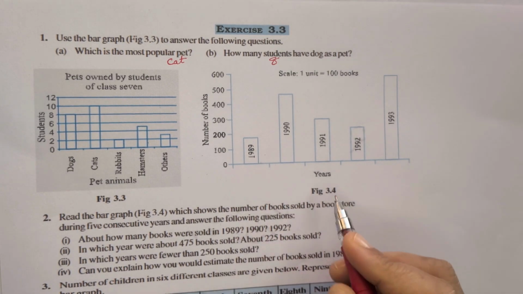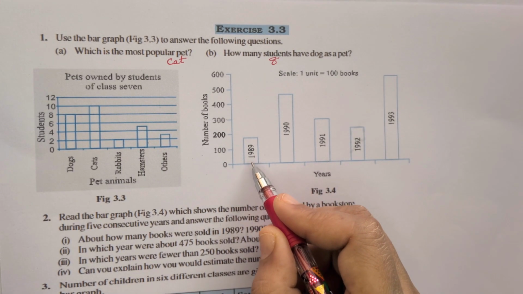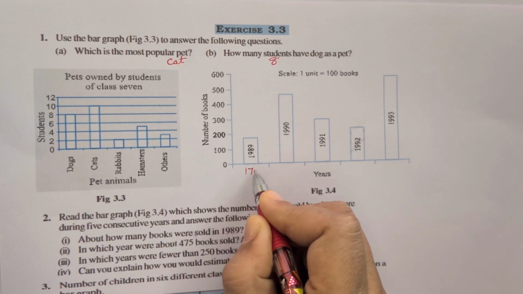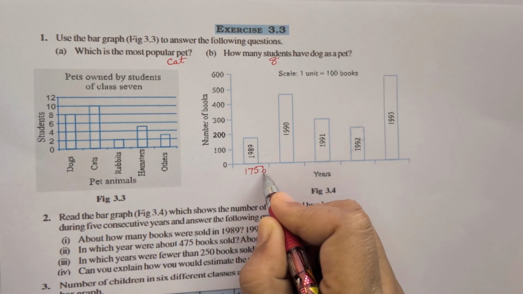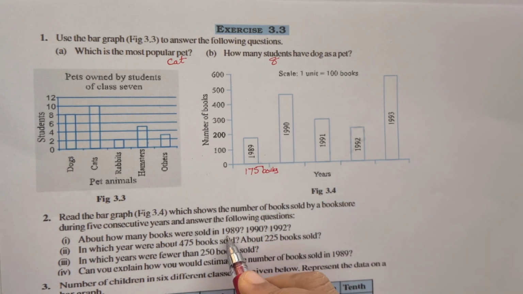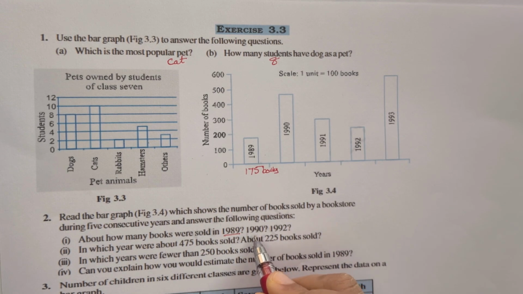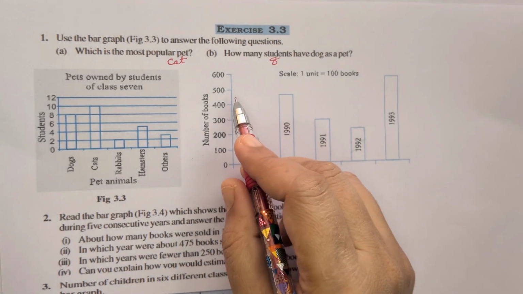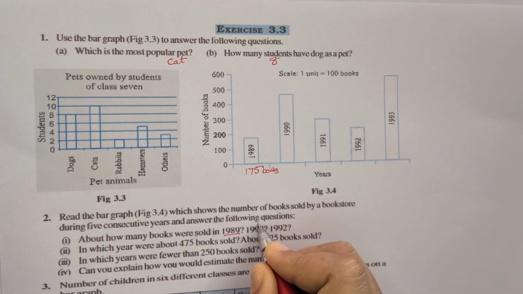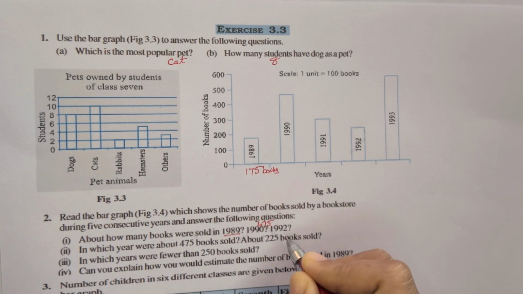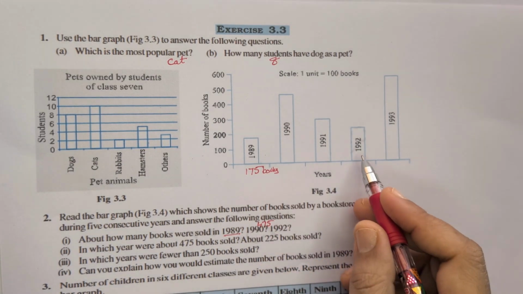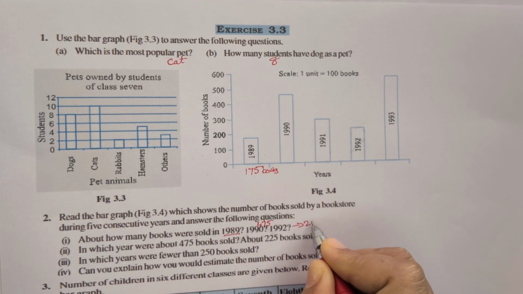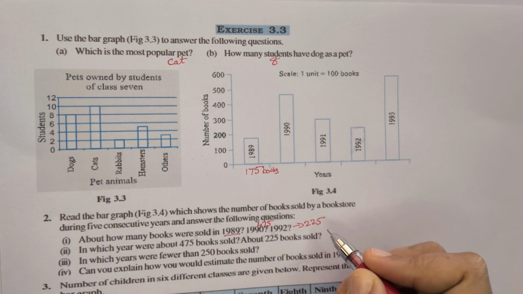In 1989, here we can see 175 books. In 1990, 475. In 1992, 225 books.